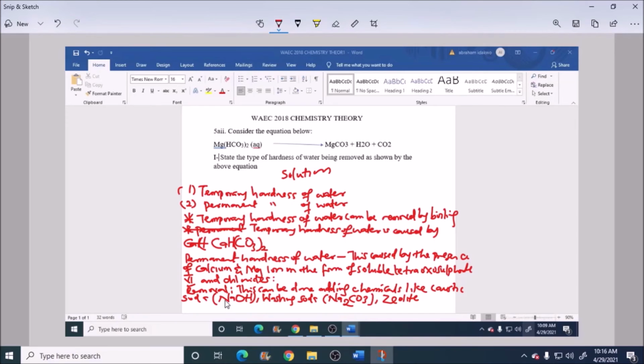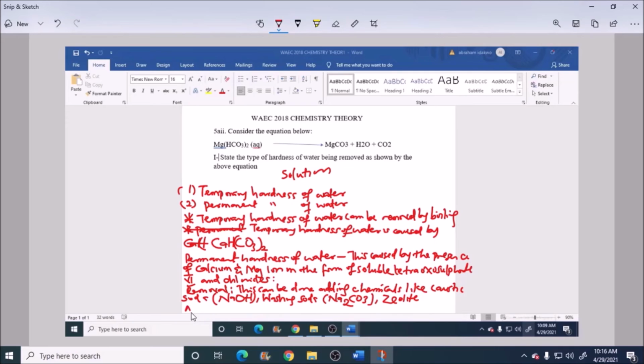So with this explanation of the temporary and permanent hardness of water, don't forget that we were asked to state the types of hardness of water being removed as shown by the above equation. So with the explanation above, we can see that temporary hardness of water is being removed using that equation.